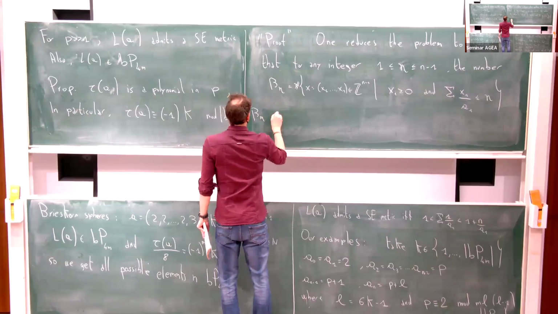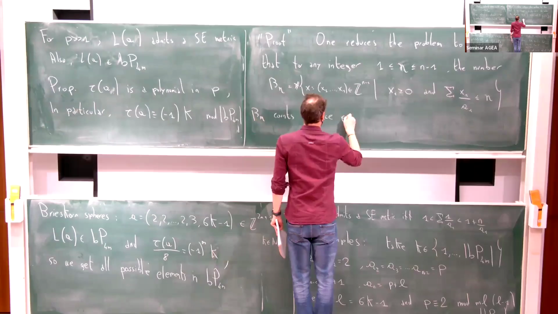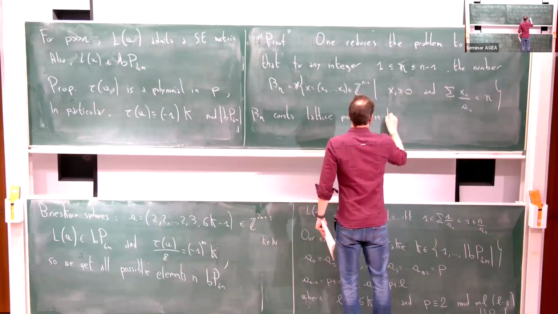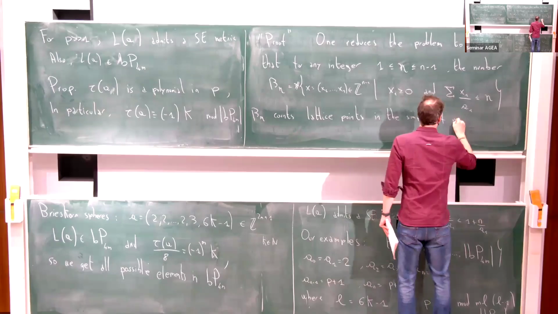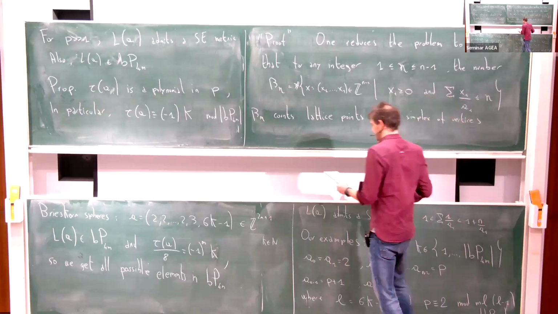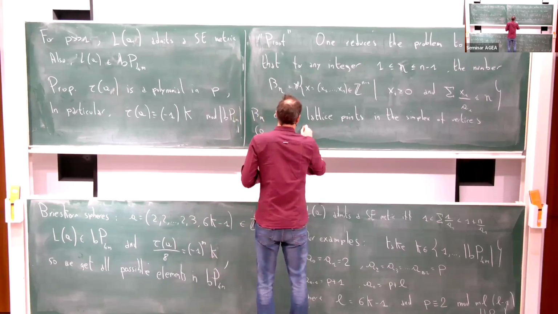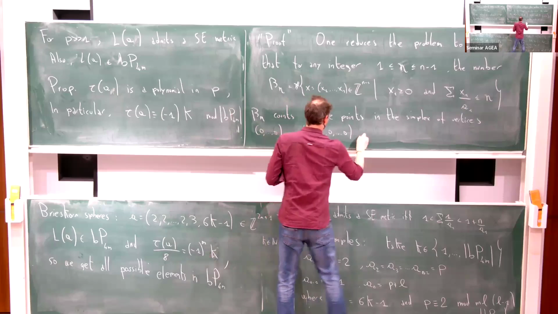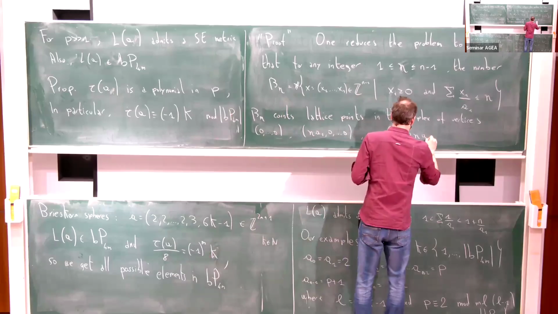Beta eta counts lattice points in the simplex of vertices 0 and then eta A1 or 0, this you can think about, eta AN.